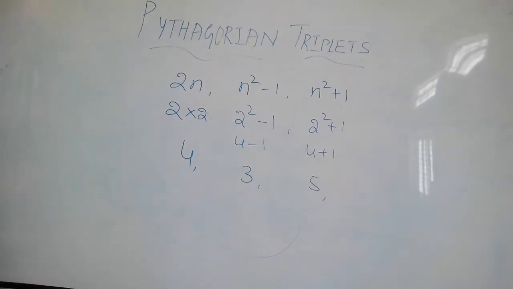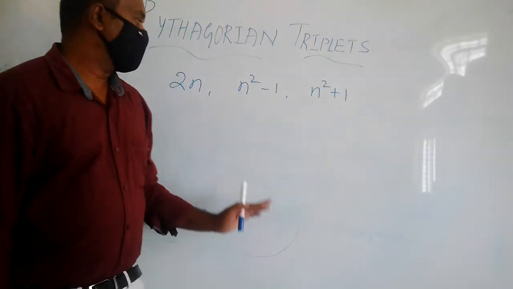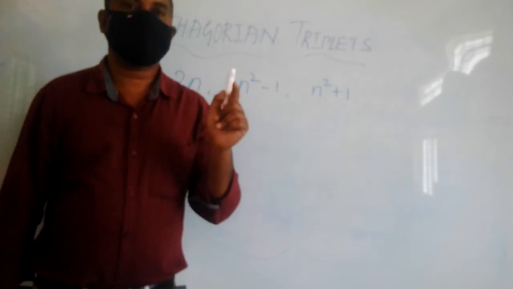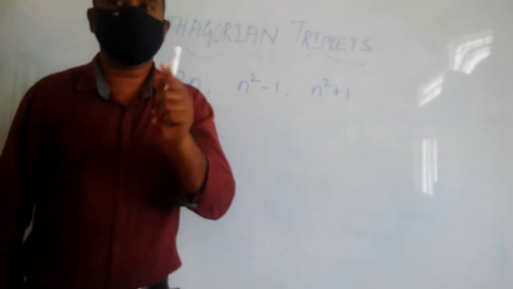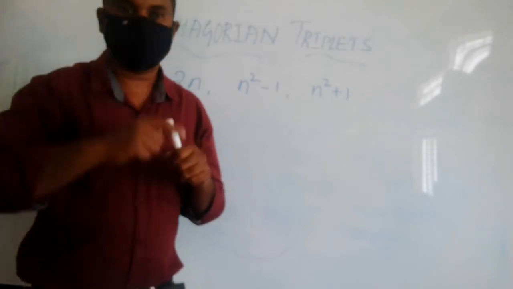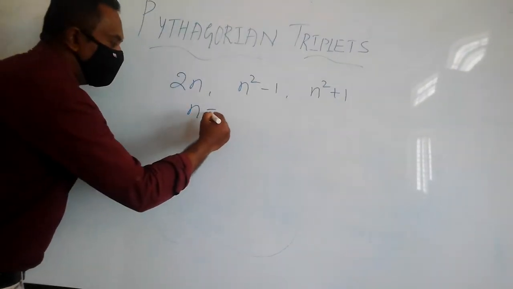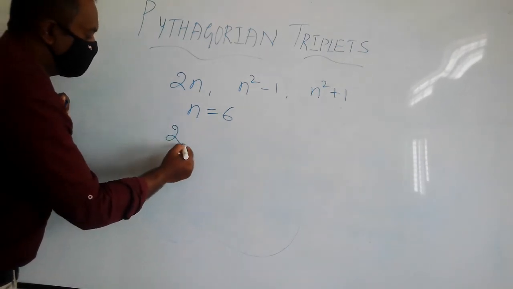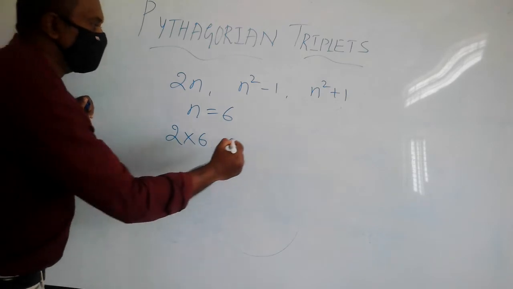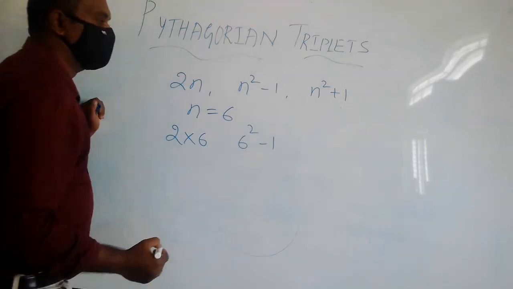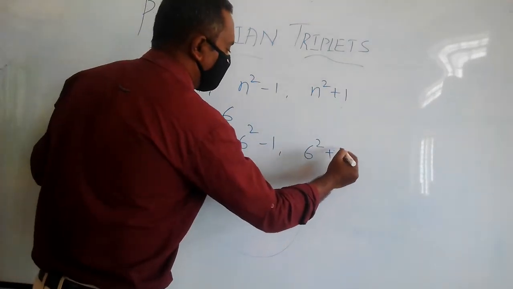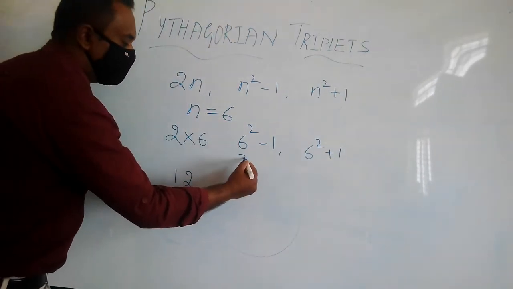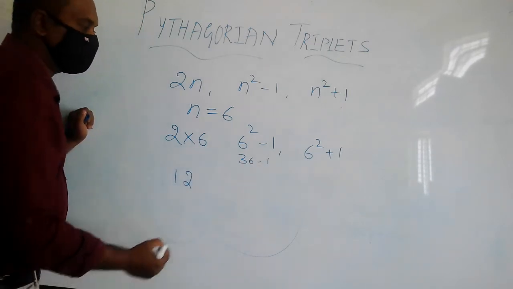Write down this. From your exercise 6.2, the first problem: find the Pythagorean triplets of the given number. In that, the first number is 6. Now n is what here? N is 6. 2 into 6, 6 square minus 1, 6 square plus 1. 2 6s are 12. 6 square means 36, minus 1, 35.